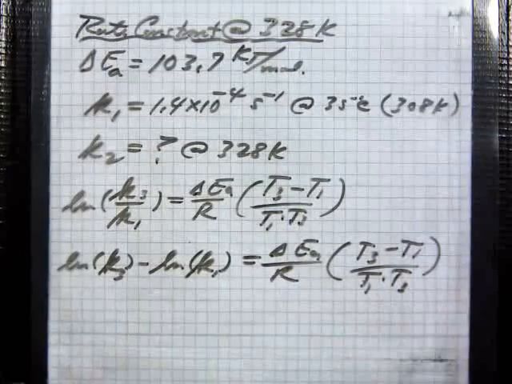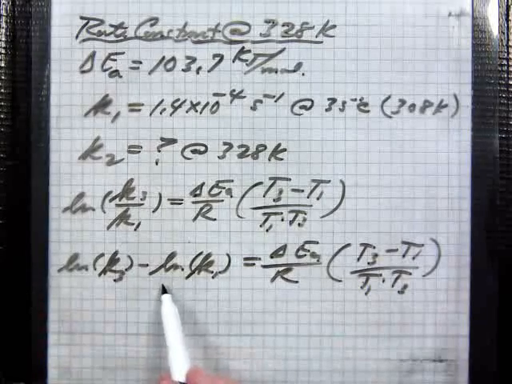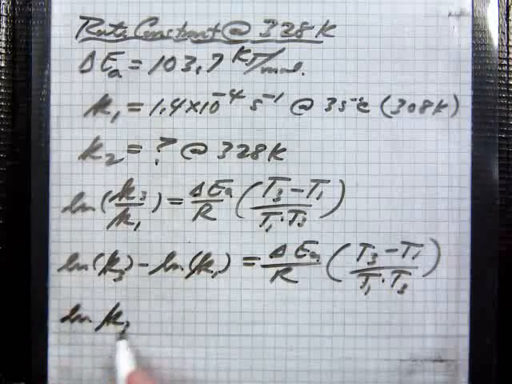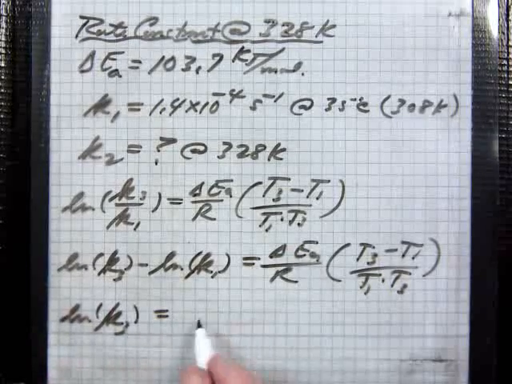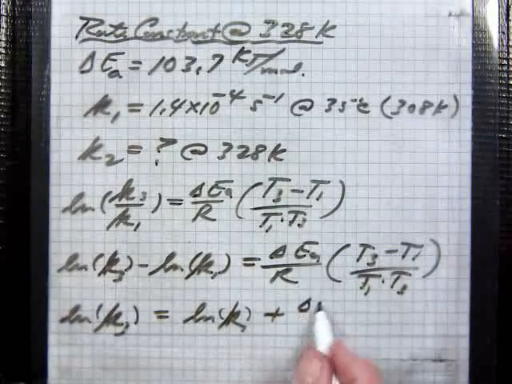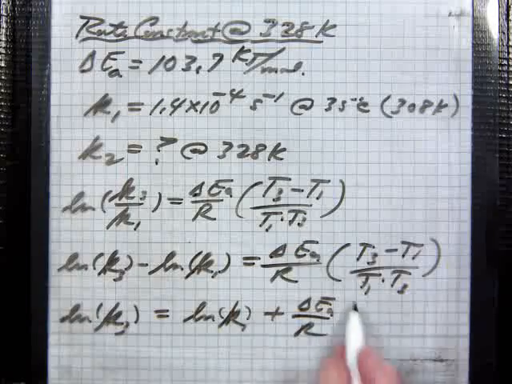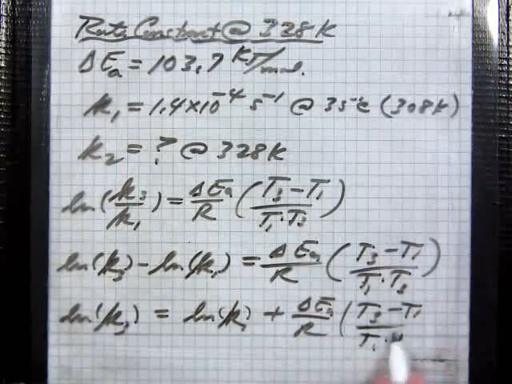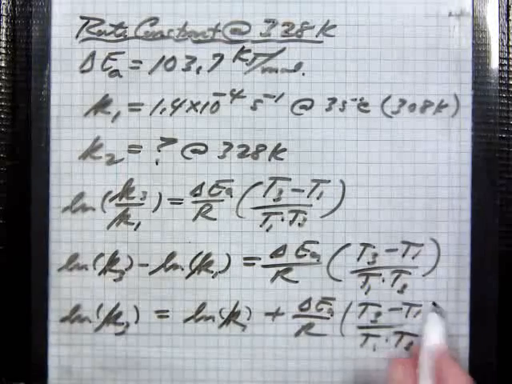Then we will add to both sides ln of K1, and we'll have the ln of K3, which is ln of K1 now, plus EA over R, T3 minus T1 over T1 times T3.